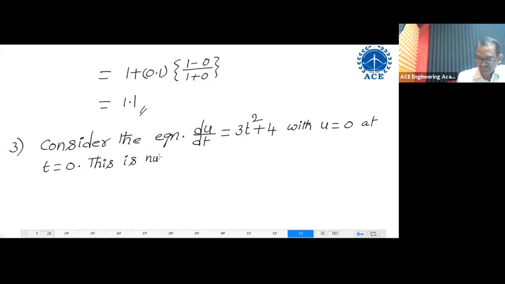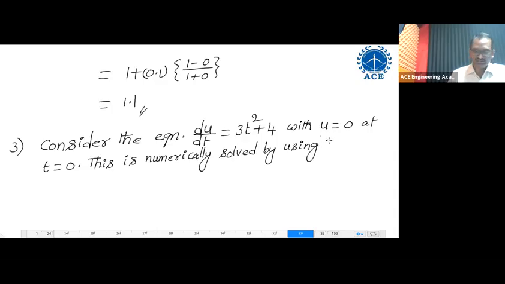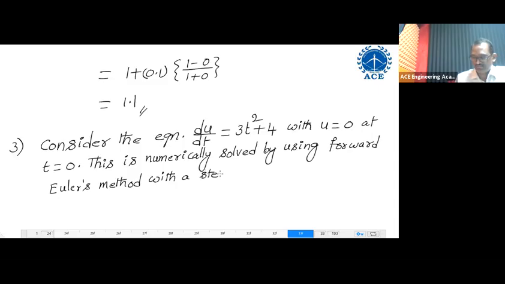This is numerically solved by using forward Euler's method, with a step size delta t equal to 2.